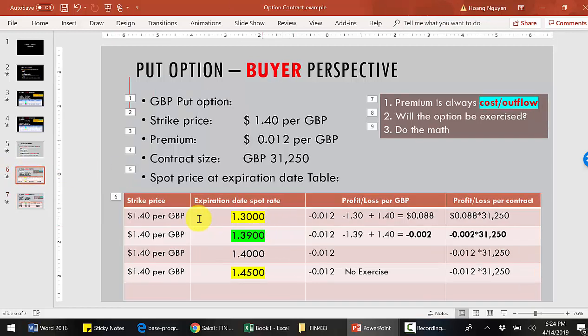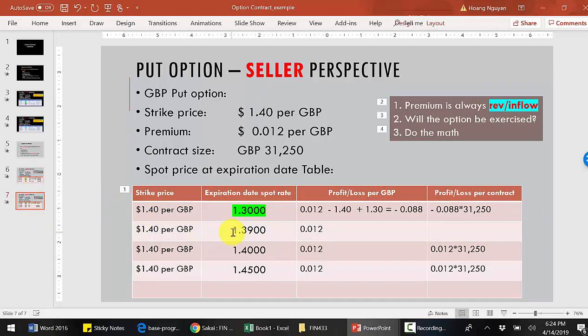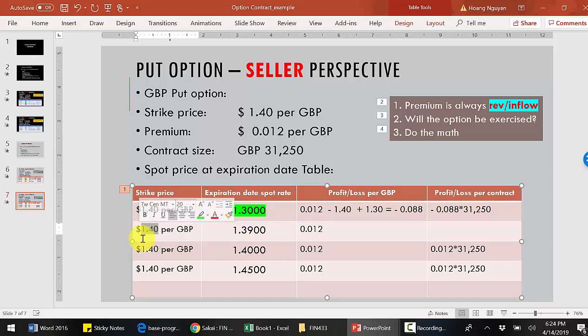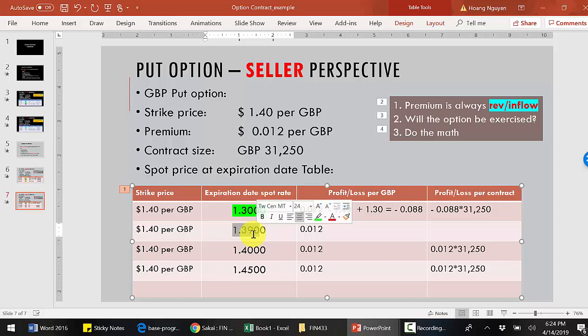If you remember the logic we did from the buyer's perspective, you know that the buyer will exercise the option contract to recover part of the premium investment, right? Because by exercising the contract, he gets 1.4 per pound. It is higher than the market value of the pound of only 1.39, right?